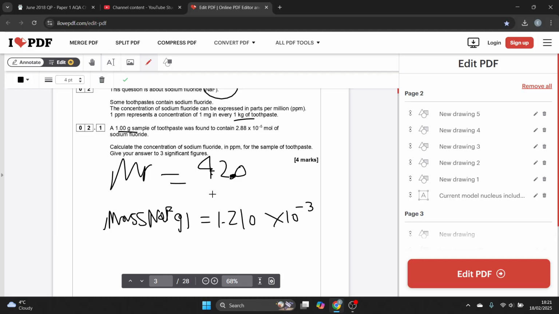So the mass of sodium fluoride in 1 gram is 1.210 times 10 to the power minus 3 grams.